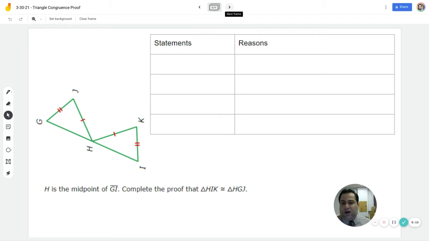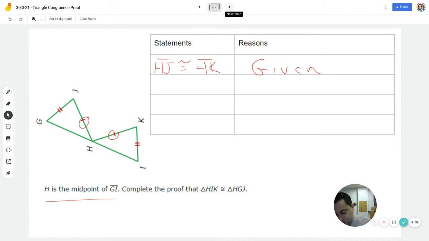Okay, here I can see the tally marks. So we know we're going to have some sides involved, and then we also have a midpoint. So let's start here. 1 is equal to 1. So here I have HJ is equal to HK. That's given.